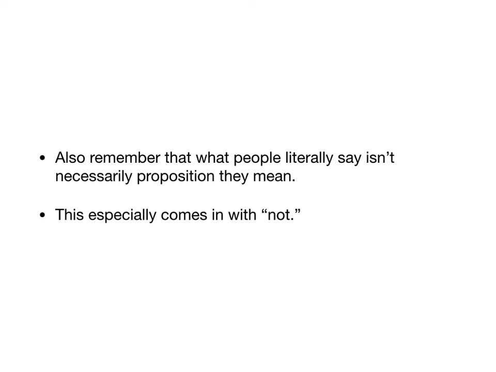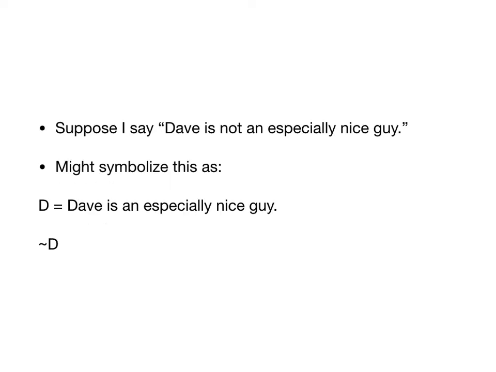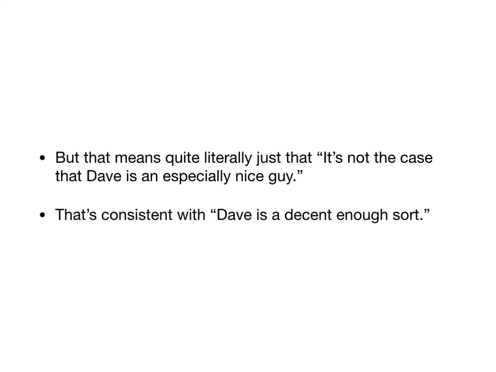This happens with everything, but especially with not, right? Suppose I say, Dave is not an especially nice guy. You might want to symbolize this in this way. D equals Dave is an especially nice guy, not D. But not D means quite literally just that it's not the case that Dave is an especially nice guy.